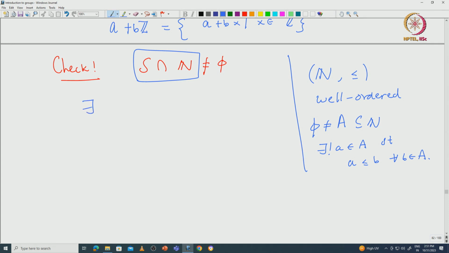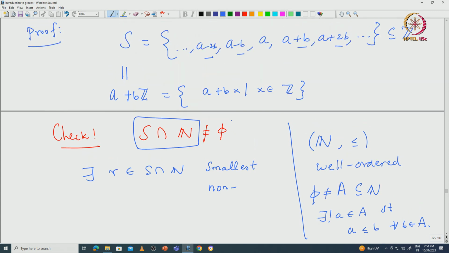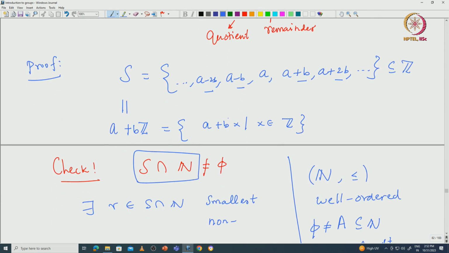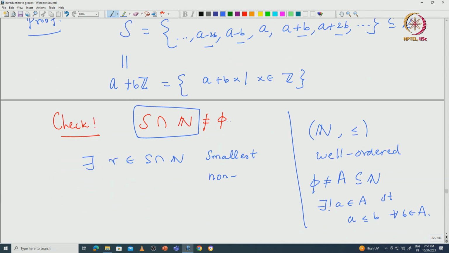So, there exists some R inside this S intersection N, and this R is the smallest non-negative integer in this set. We can make it this way because the remainder could be 0, so in that case we have to allow 0.